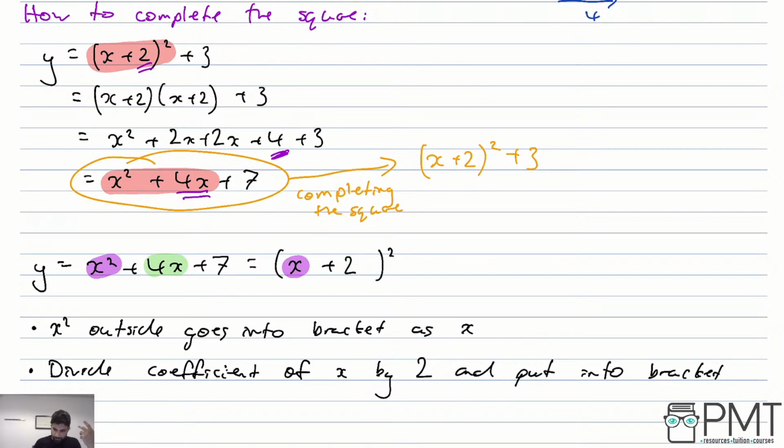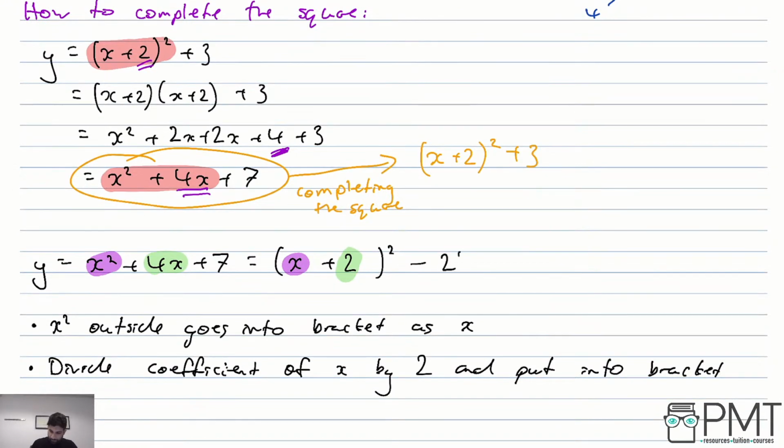That doesn't change. It's always whatever is in front of x divided by 2. So you can see we have got x plus 2 squared, and this is looking like what we had before. So where does the 3 come from? The next thing you need to do is take away the square of this term. What's the square of that? That's 2 squared.